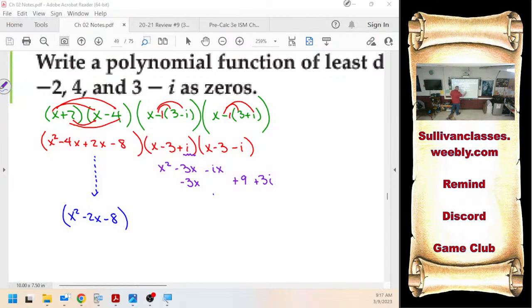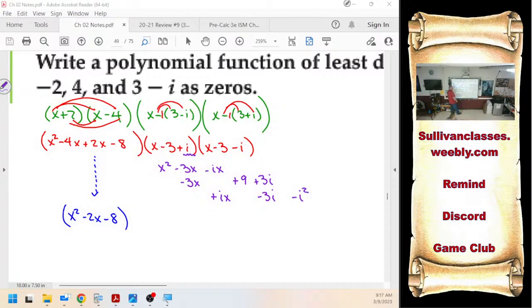I'll distribute i to those. i times x is positive ix. I'll write it in this column because it's a like term with the other one. i times negative 3 is negative 3i. I'll write it out here because it's a like term with that one. i times negative i is negative i squared. I'll write it out here.